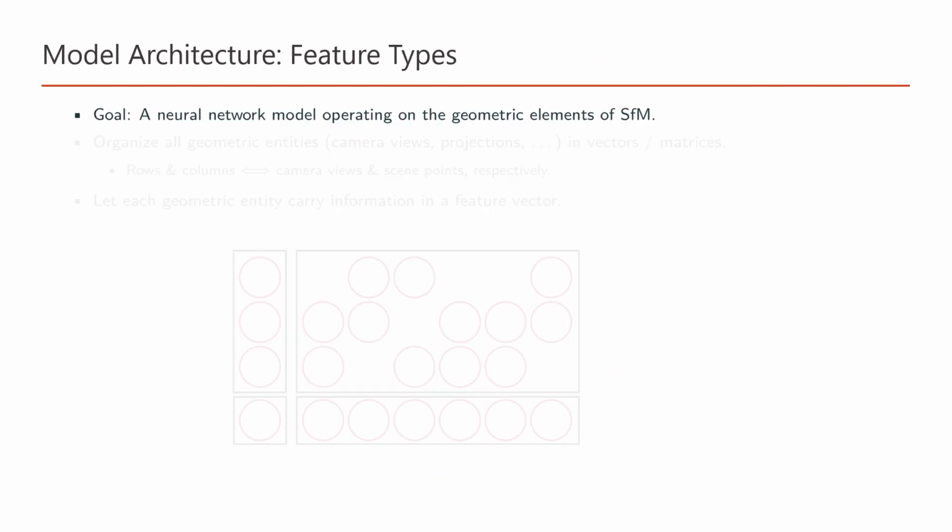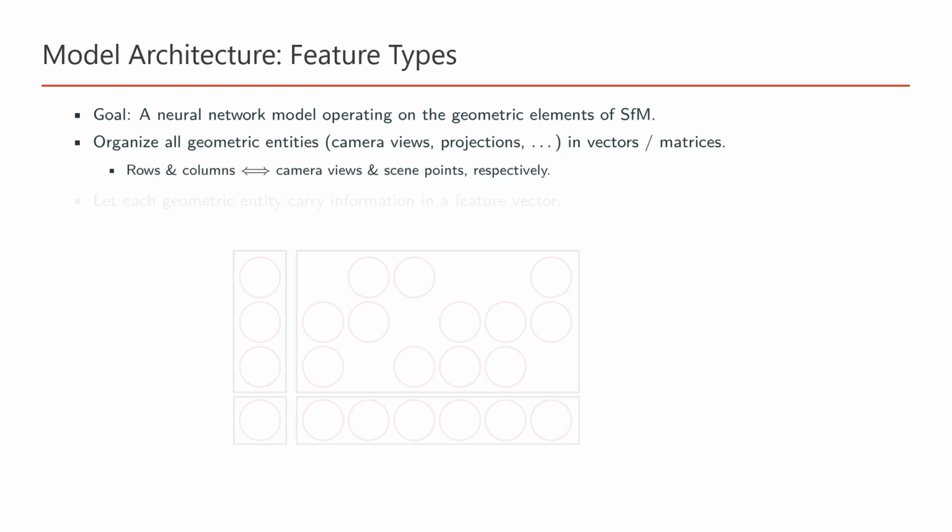And in order to do so, we define a couple of feature types corresponding to these different geometric entities. And we organize them in such a way that we put them in a matrix where each row corresponds to one camera view and each column corresponds to one scene point. And each geometric entity may then carry information in a so-called feature vector.